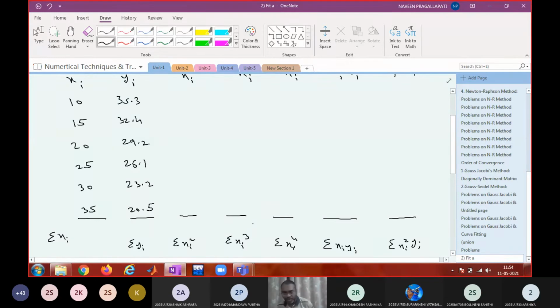So definitely you can expect this kind of problem in exams. Definitely you can expect one question on curve fitting, and it is very easy. Just prepare the table and solve the normal equations. You will get the answer.